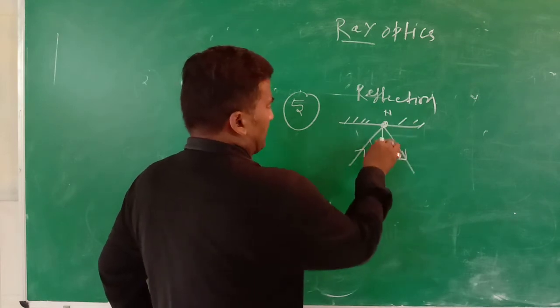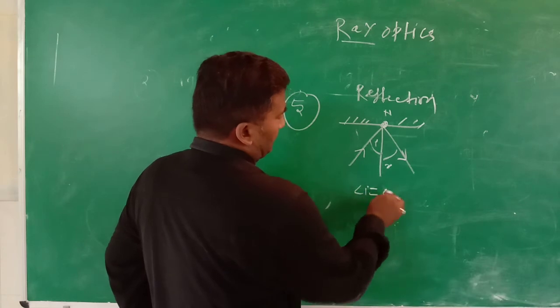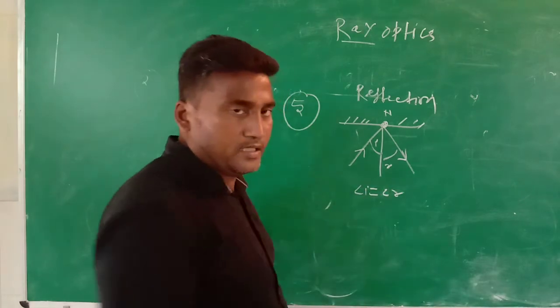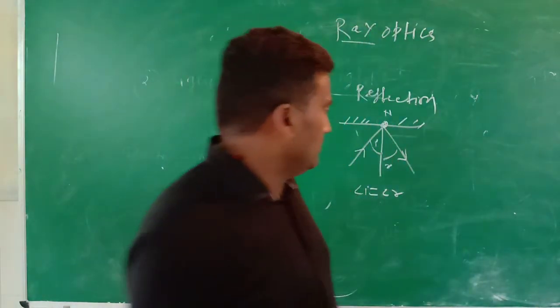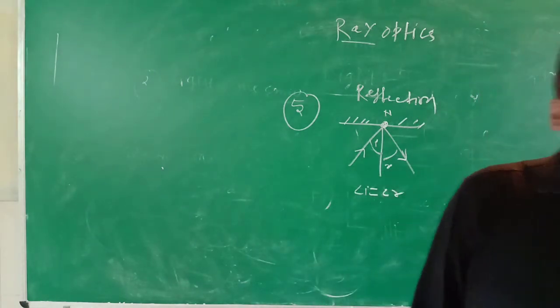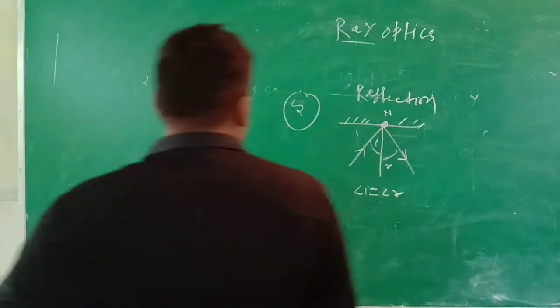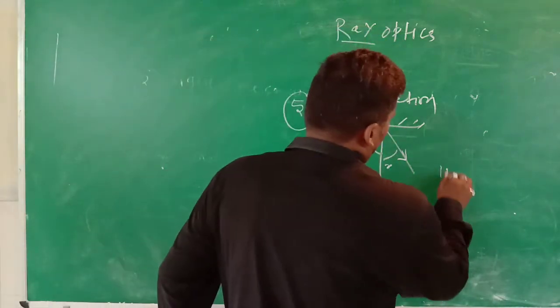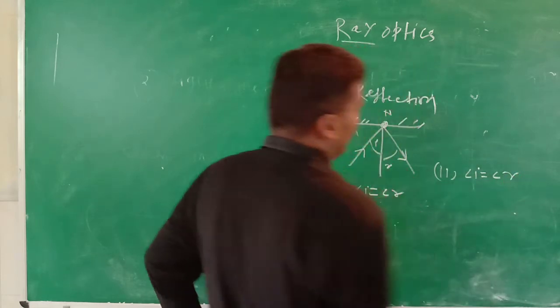That is known as the reflection of light. Angle i is equal to angle r. Now Snell defined the laws of reflection. First law: the incident ray, reflected ray and normal lie in the same plane. The second law: the incident angle i is equal to the reflected angle r.